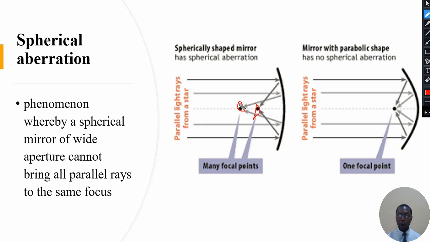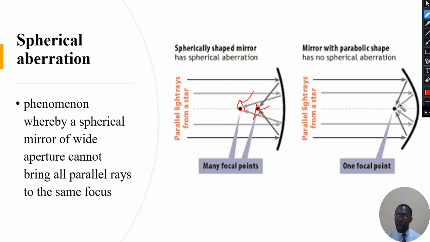So this is what we call the spherical aberration, a phenomenon where a spherical mirror of wide aperture cannot bring parallel rays to the same focus. So some brought it at this focus, while some other reflected rays brought their reflection at this focus. So this is a typical example of a spherical aberration.